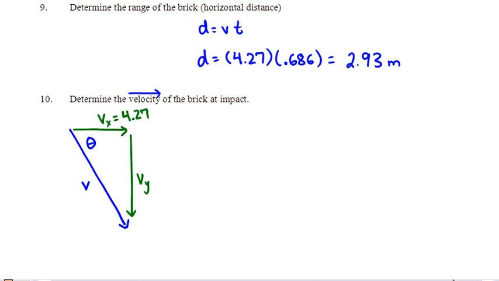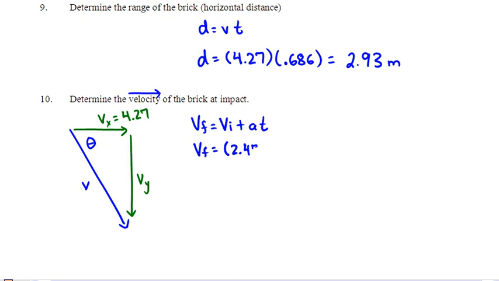So I'm going to go and do a vertical calculation here. I'm going to run with Vf is equal to Vi plus At. That Vf vertically is going to be my original velocity vertically. Remember, I'm calling down positive because everything's going down.